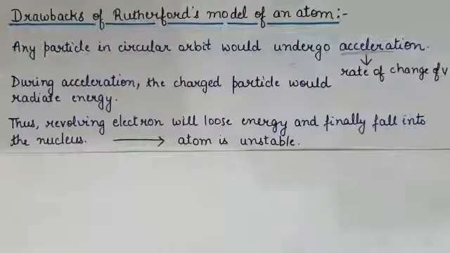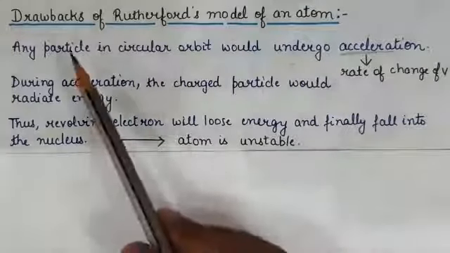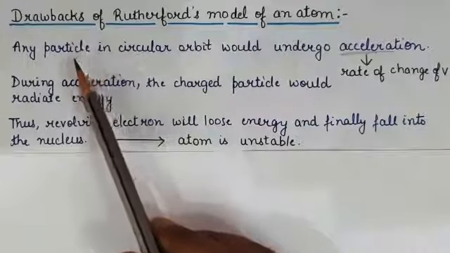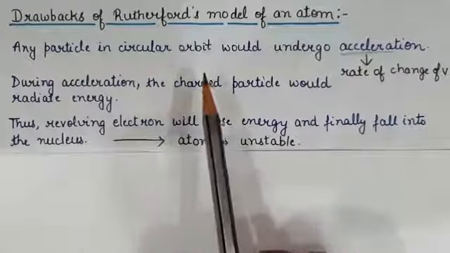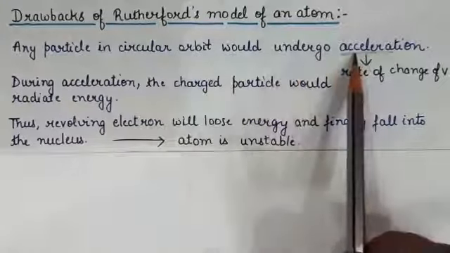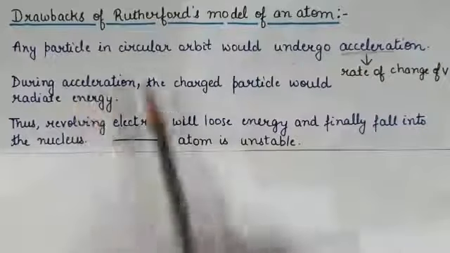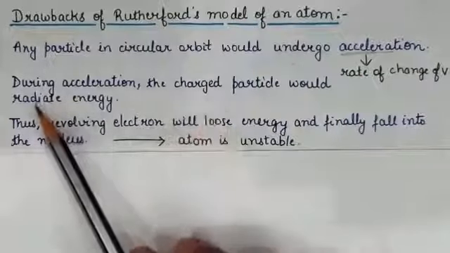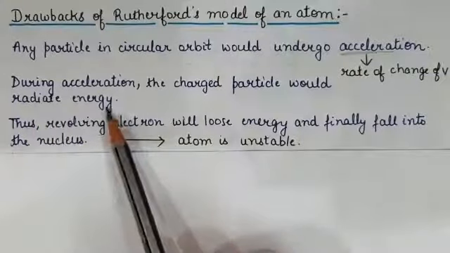Coming to exercise question number 1. What are the limitations of Rutherford's model of an atom? Limitation means drawbacks. So what is the limitation? Any particle in circular orbit would undergo acceleration, and during acceleration, the charged particle would radiate energy.